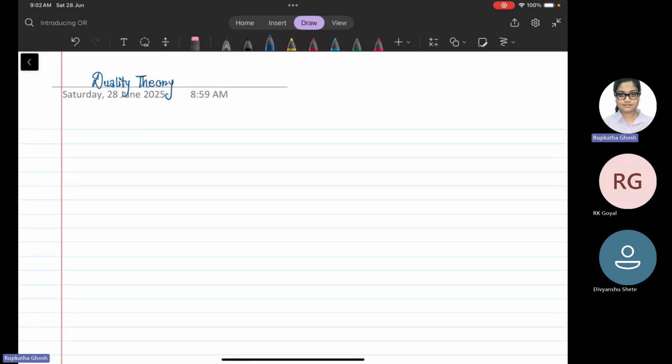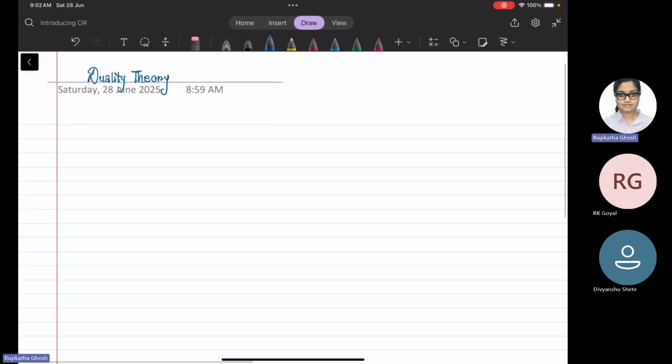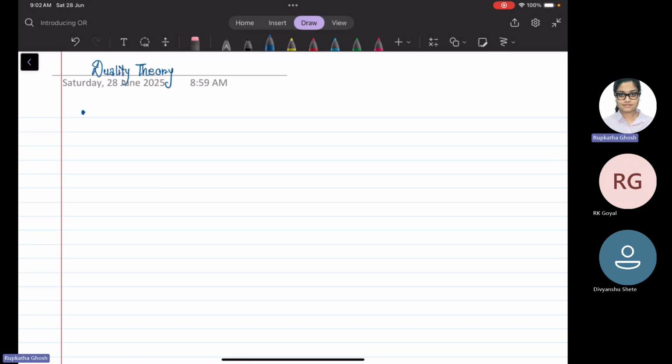Okay, so there are a few terms which you need to know before we talk about duality. Just like in LP, we had learned about standard form. While solving a simplex method, the first step is to convert that LP into a standard form.